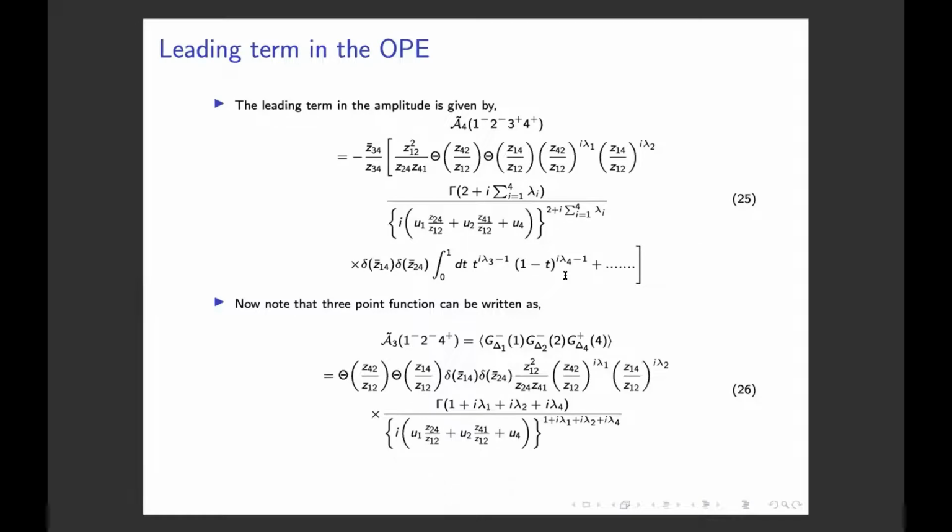Now let's look at the first term, which is the leading term, the term which multiplies z bar 34 by z34, and this has this form.